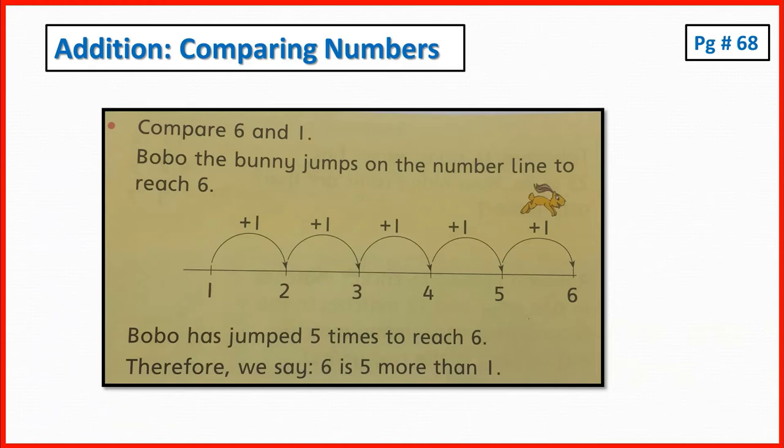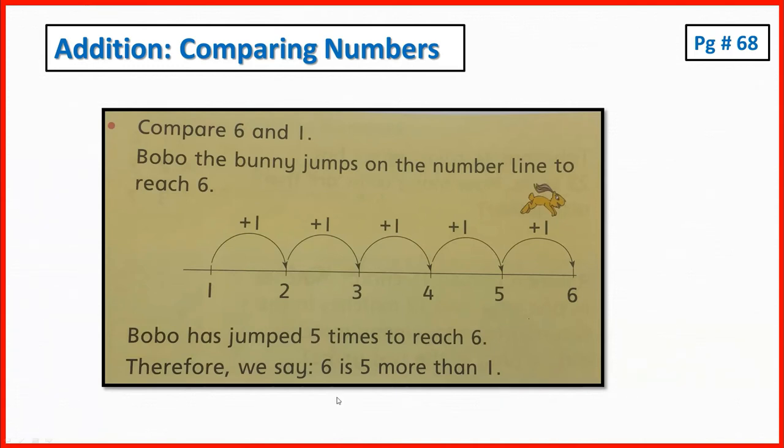Bobo the bunny jumps on the number line to reach 6. Bobo has jumped 5 times to reach 6. Therefore, we say 6 is 5 more than 1.